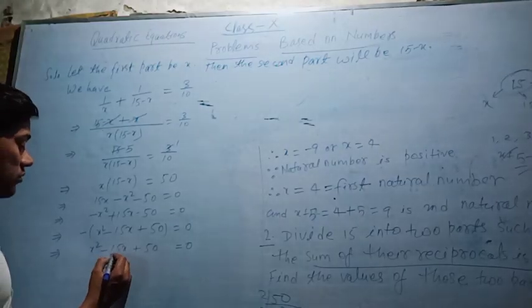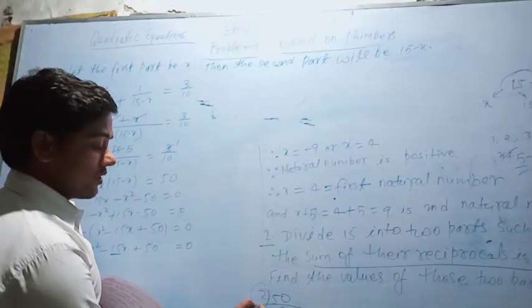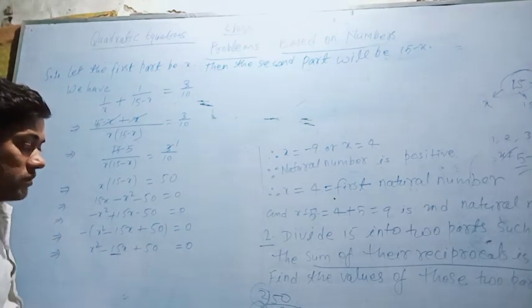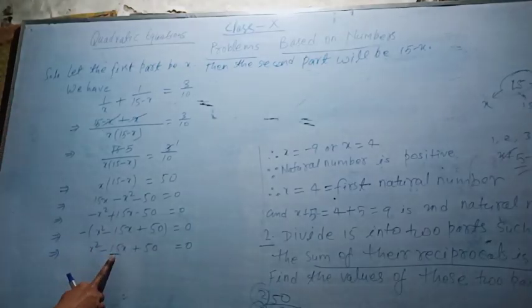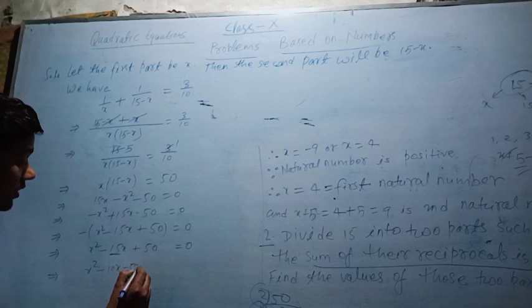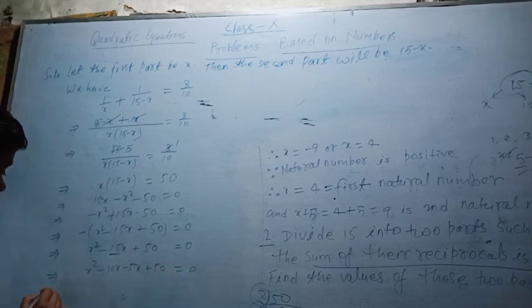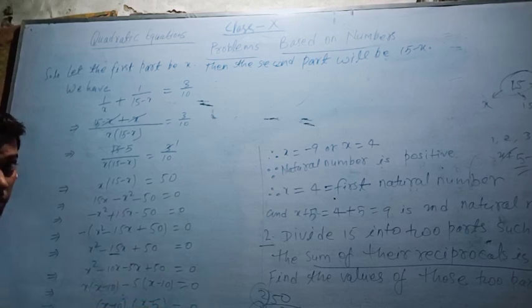We have to get 15: 2 into 5 is 10, and 10 times 5 is 50, and 10 plus 5 is 15. So x square minus 10x minus 5x plus 50 is equal to 0. x common out: x minus 10, and minus 5 common out, so x minus 10 into x minus 5 is equal to 0.